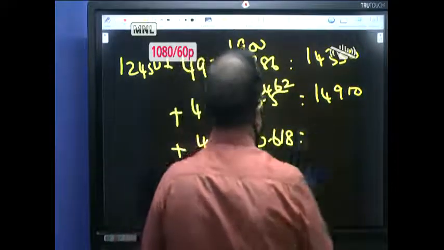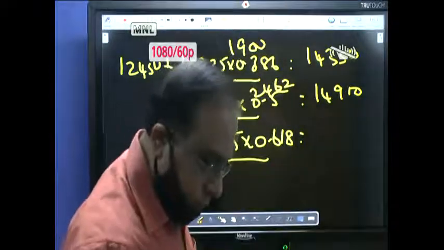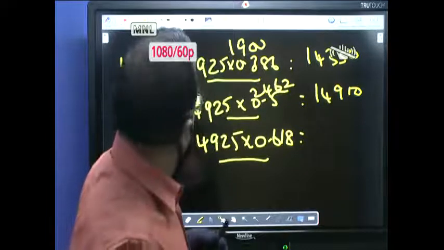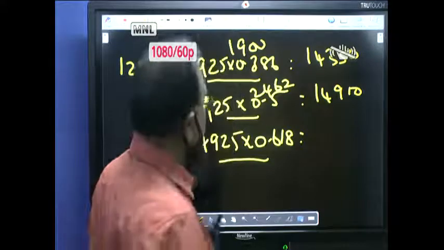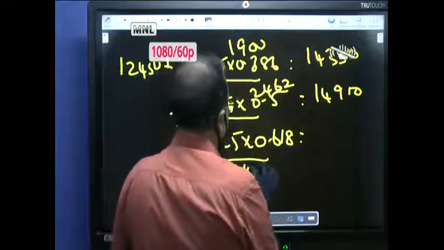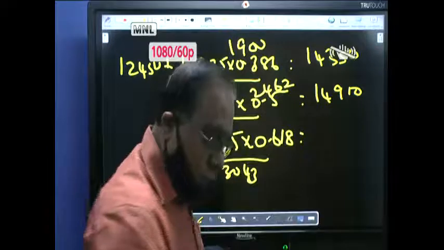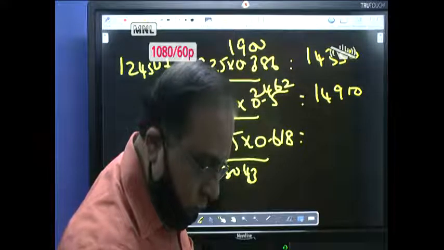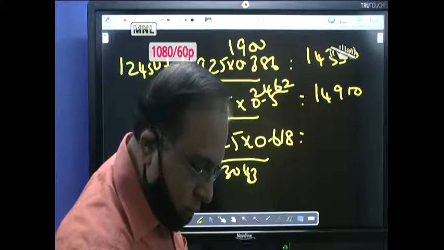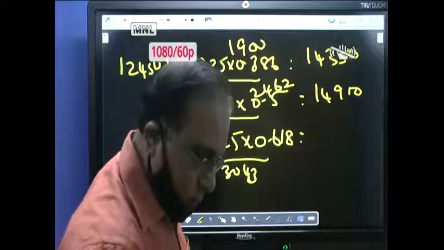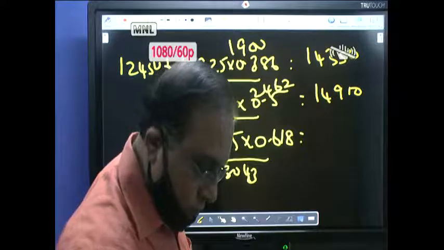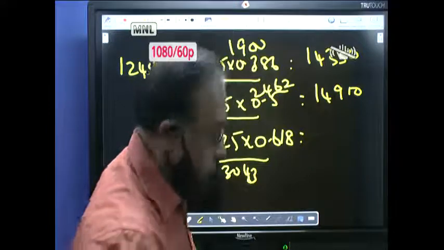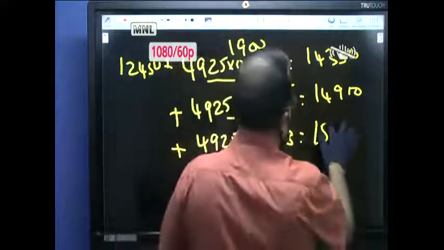This is 4925 into 0.618, which is 3,043. So 12,450 plus 3,043 is 15,493.